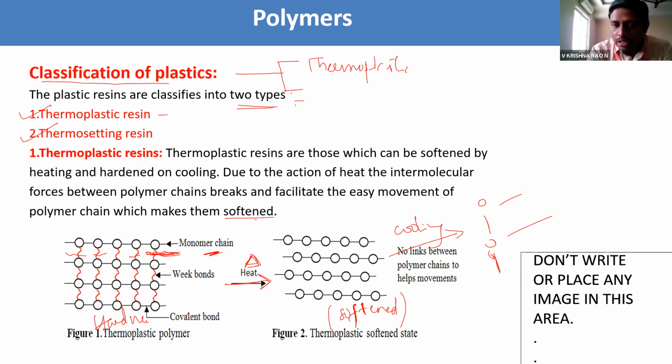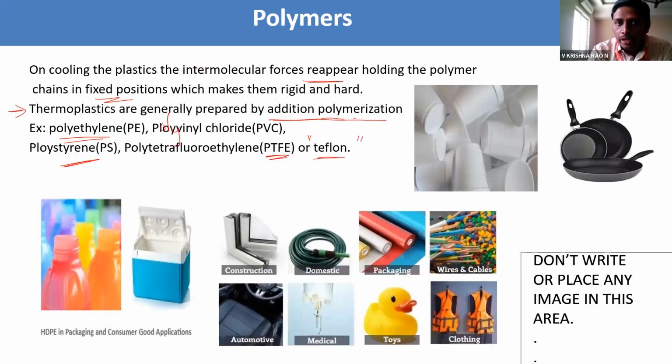When this softened rubber is cooled, the forces reappear, holding the polymer chains in fixed position, which makes them rigid and hard. Thermoplastics are generally prepared by addition polymerization. Examples are polyethylene, polyvinyl chloride, polystyrene, and PTFE, polytetrafluoroethylene.